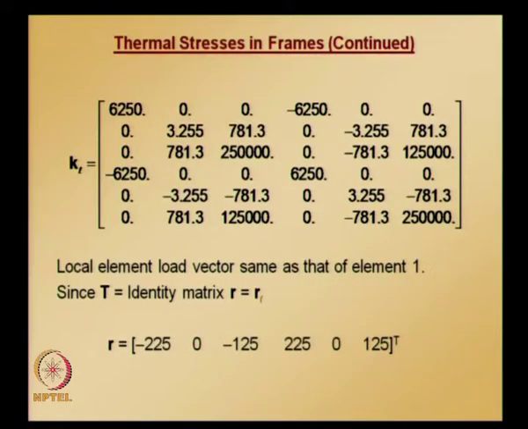The contribution to the reduced stiffness matrix comes from the lower quadrant of the element 1 stiffness matrix, and to this reduced stiffness matrix we get a contribution from the upper quadrant of element 2.